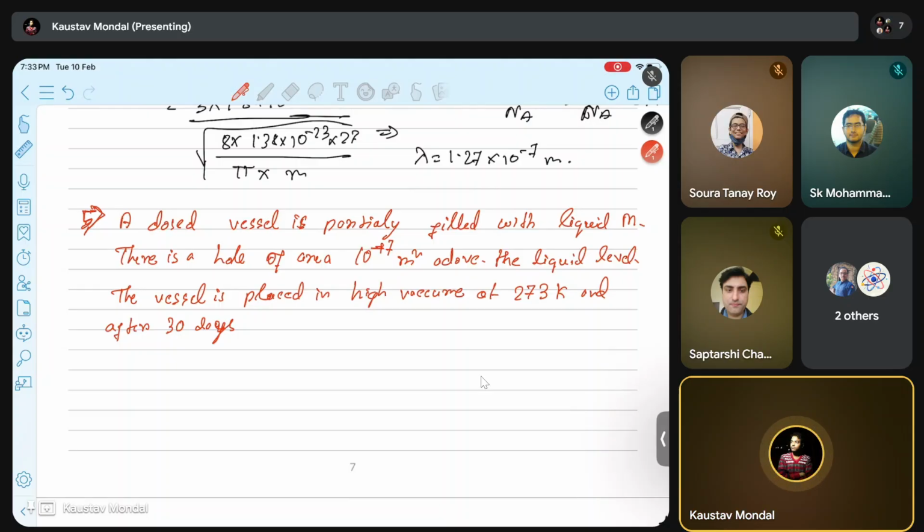After 30 days, the vessel is found to be lighter by 2.4 times 10 to the power minus 5 kg.